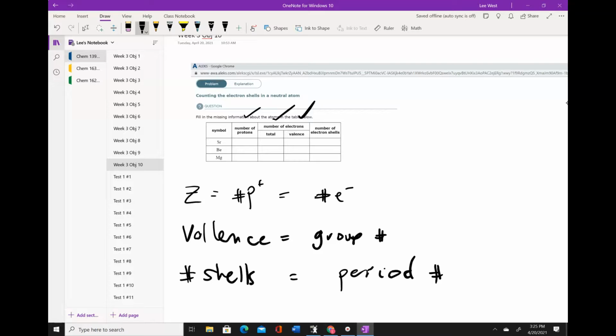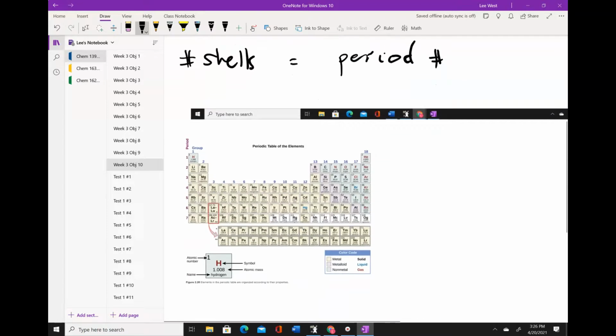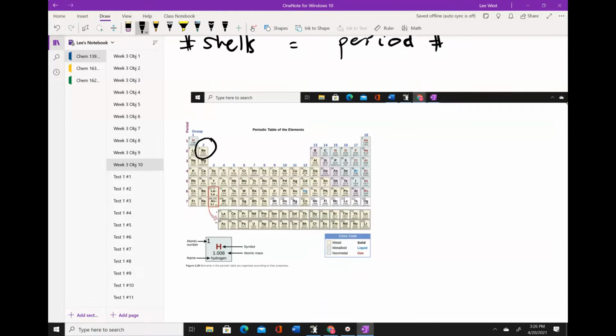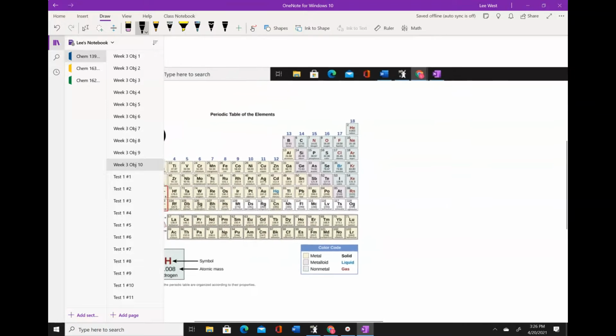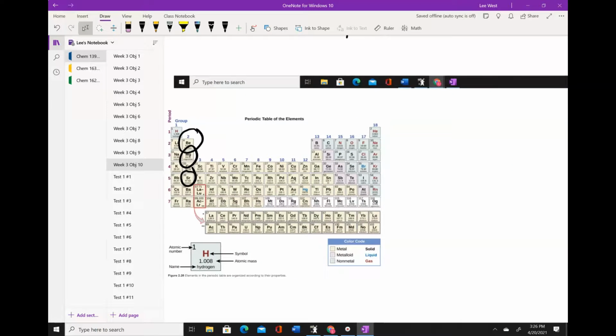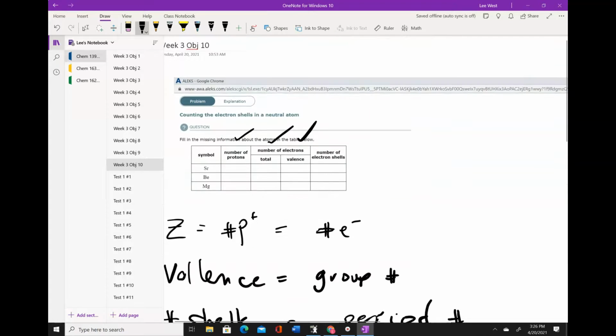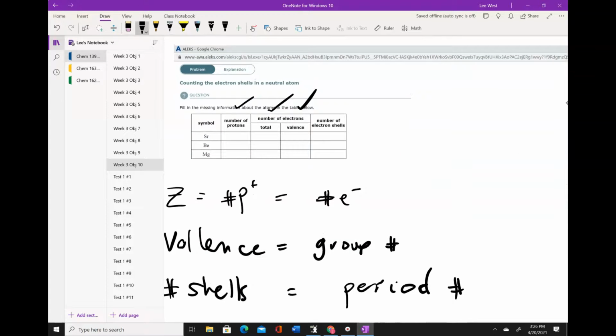So we've got strontium, beryllium, magnesium, which are all in group 2A. There they all are. So the first thing to recognize is that they are in group 2A, all of them. So that means they all have 2 valence electrons.